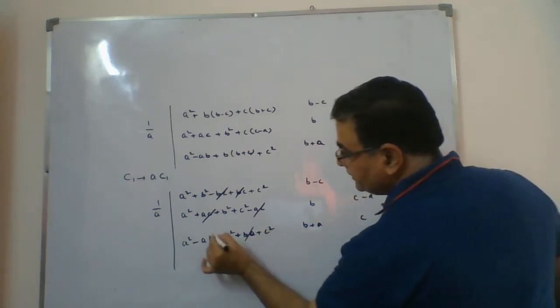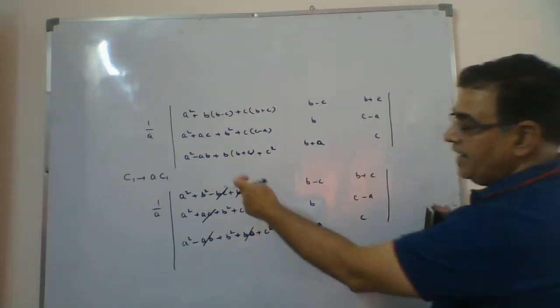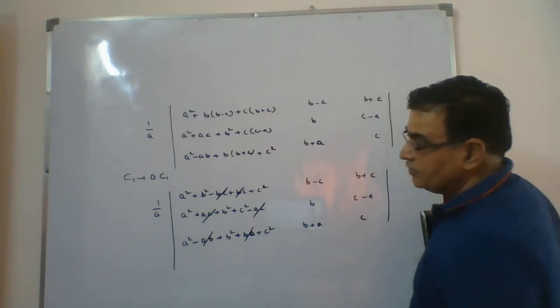When you do this, the extra terms get cancelled out. Every term is now A square plus B square plus C square.